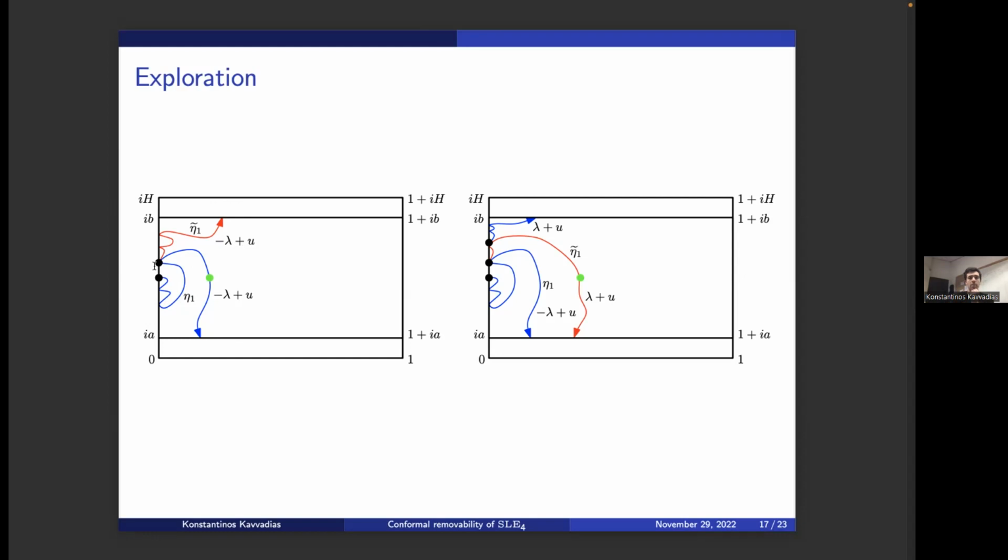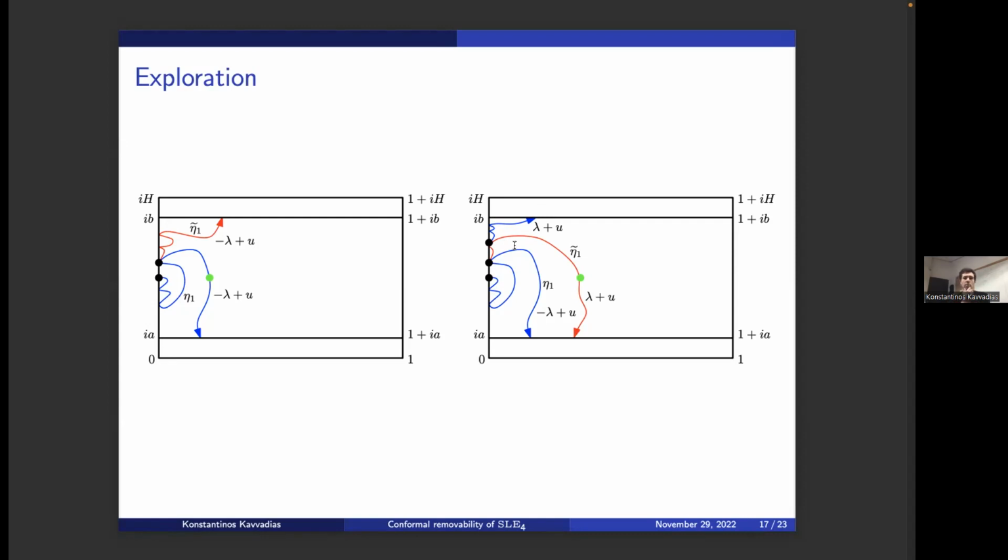That's the first scenario, but we might also have a second scenario, where this red level line hits the lower boundary of the rectangle before hitting the upper boundary. In that case, we draw another level line. We consider the uppermost point of intersection of the left side of the red level line, and we start this blue level line, which is the level line of h minus u.